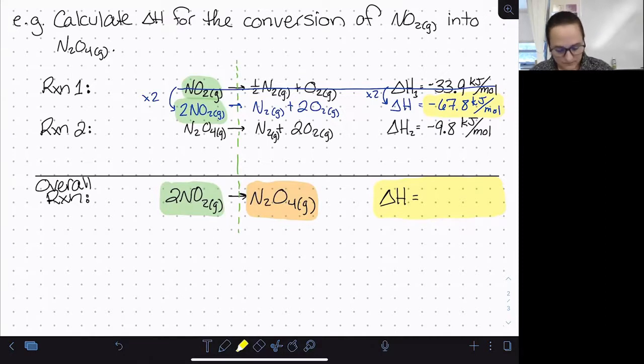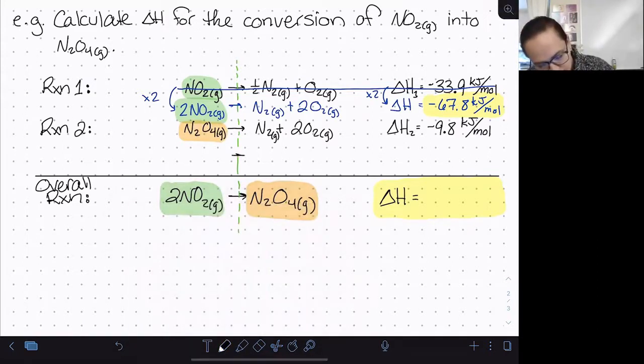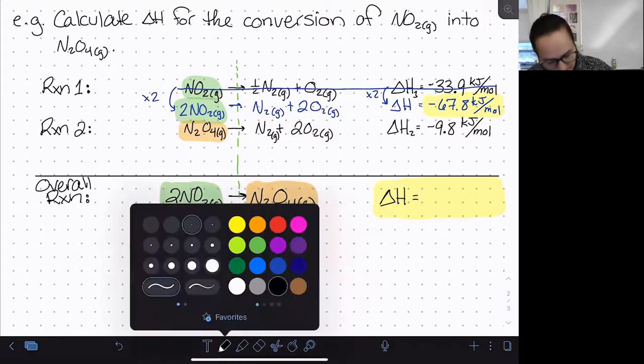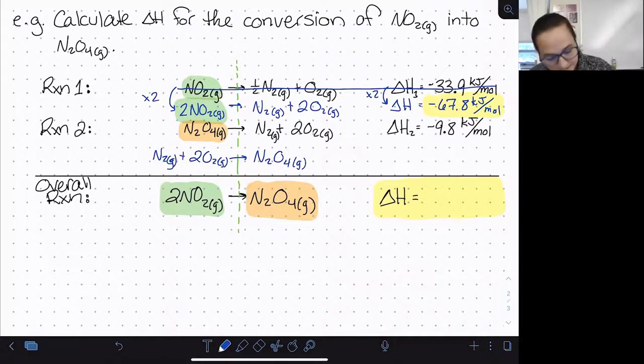Then, trying to find where is my N2O4 here. It is currently on the left-hand side, which is not where I want it. So what I can do there is reverse my reaction. If I reverse my reaction, reactants become products, products become reactants.